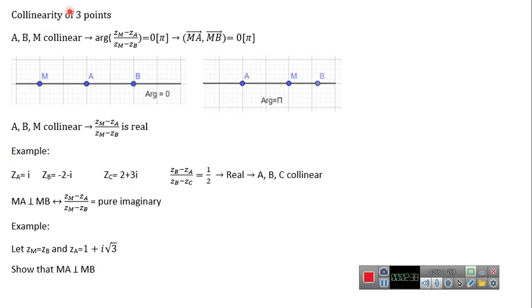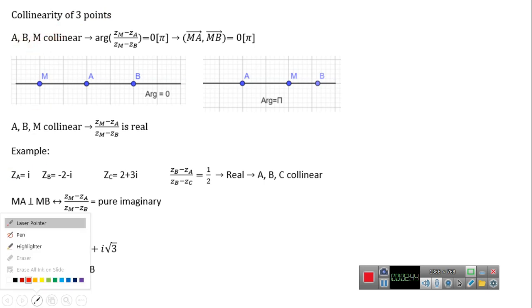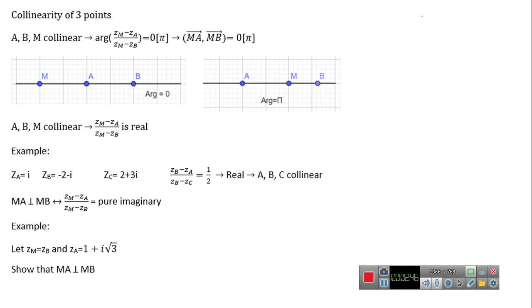I want to show that 3 points A, B, M are collinear. To show that, suppose here you have M, A, B. This ratio that we talked about is nothing else than Zm minus Za, for example, over Zm minus Zb.